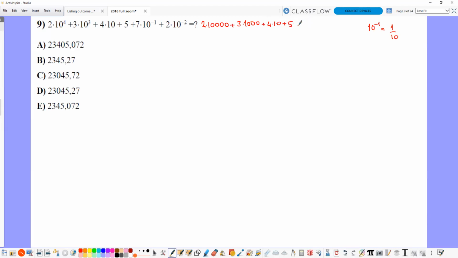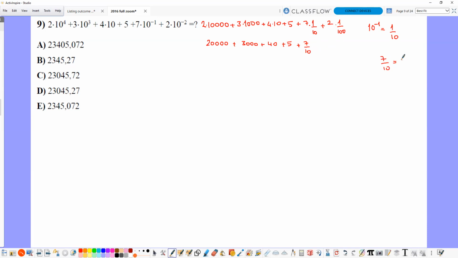And here, this is 7 times 1/10, plus 2 times 1/100, which is 10 squared. Okay, this is 20,000 plus 3,000 plus 40 plus 5 plus 7/10, which is equal to 7/10.